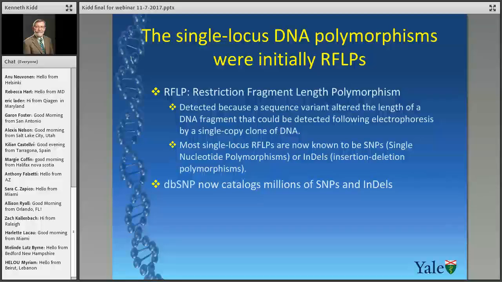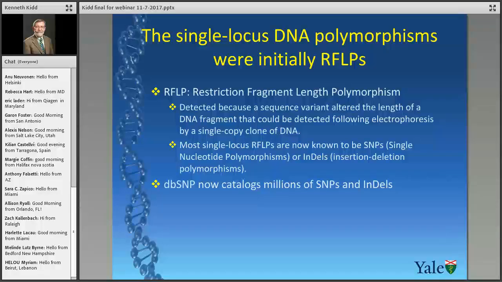Initially, the DNA polymorphisms were primarily RFLPs, restriction fragment length polymorphisms. They were detected because of sequence variants that altered the length of the DNA fragment that could be detected following electrophoresis.